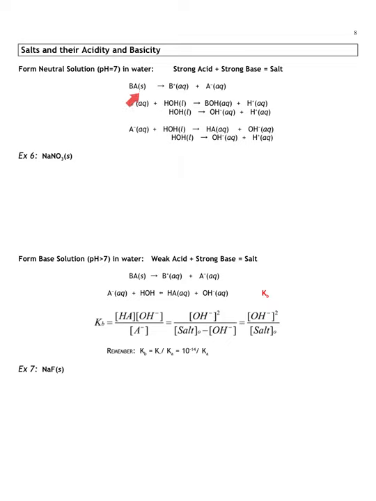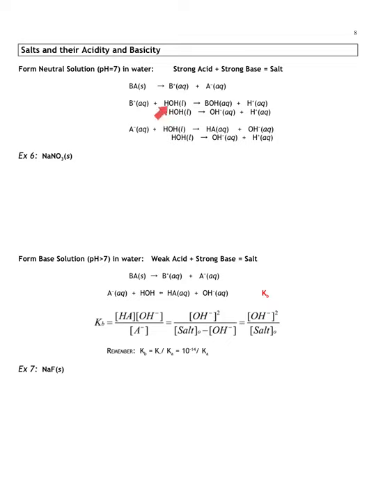Alright, in this first example, here's your salt, BA, and it ionizes into two parts, the cation and the anion of that salt. We're going to look to see what the cation does in water versus the anion in water.